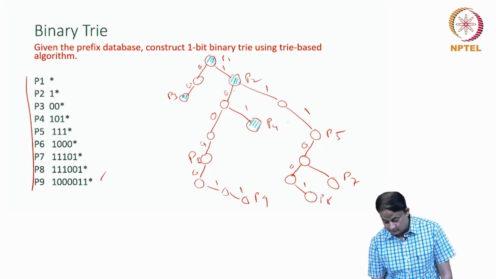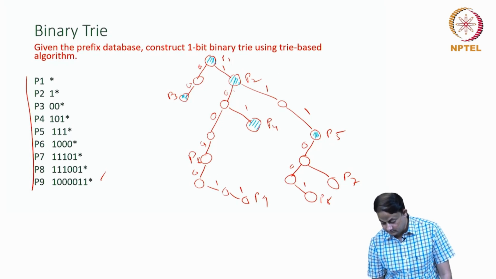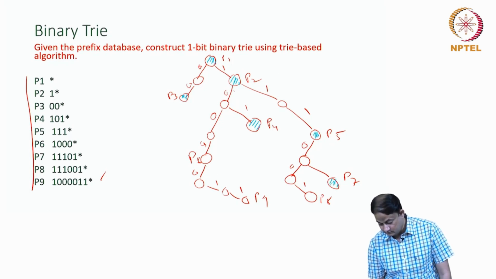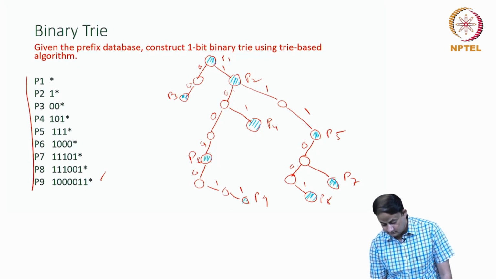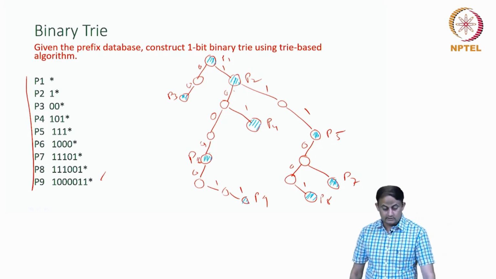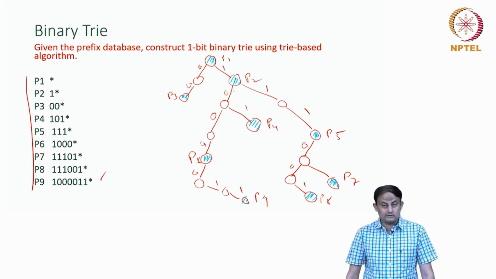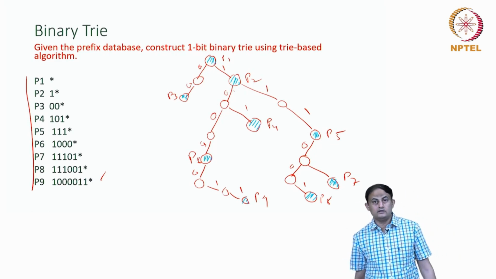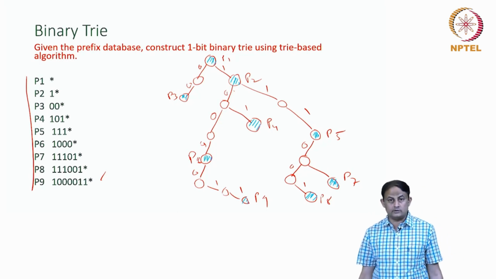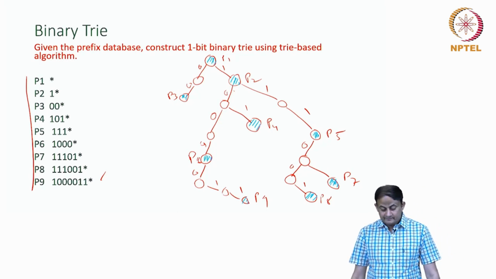This is my P4. Similarly P5, P7, and then P8, P9. So that's the binary trie for this set of prefixes. Given these 9 prefixes, this is how you construct the binary trie.